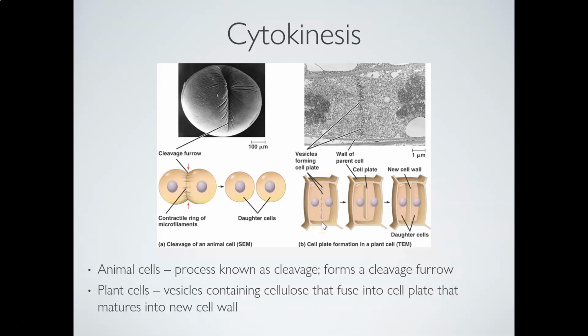Those vesicles are full of cellulose, which is one of the major compounds that we find in your cell wall. As that cell plate fuses then with the original cell wall of the plant, the parent cell, it will eventually mature as we add some additional components and additional layers to that to make that new cell wall and finish the splitting of that cytoplasm to create those two daughter cells.